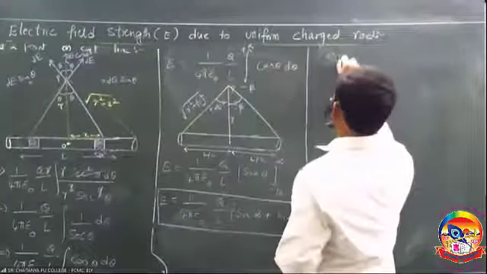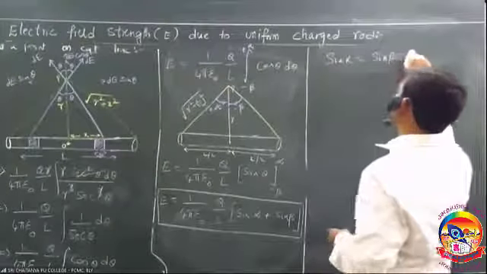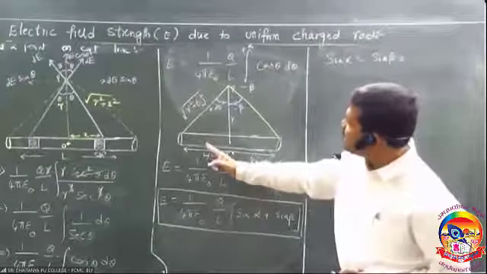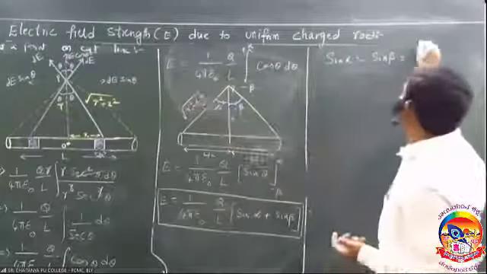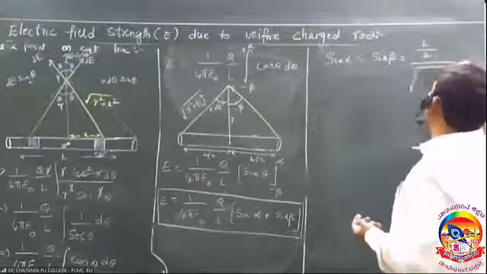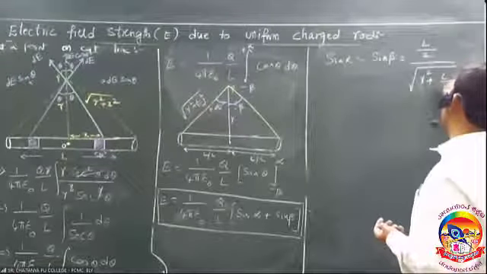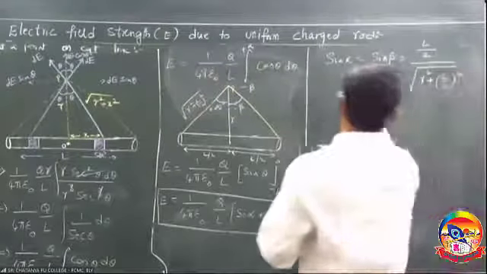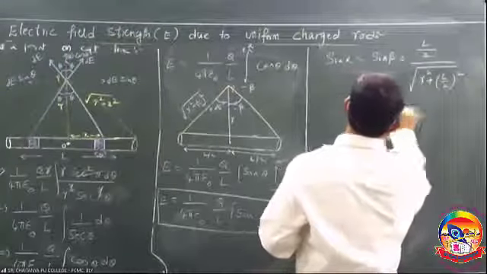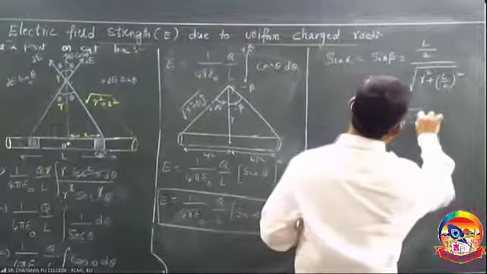From the diagram, sin alpha, sin beta is opposite side by hypotenuse: L by 2 over root of R square plus L by 2 whole square.